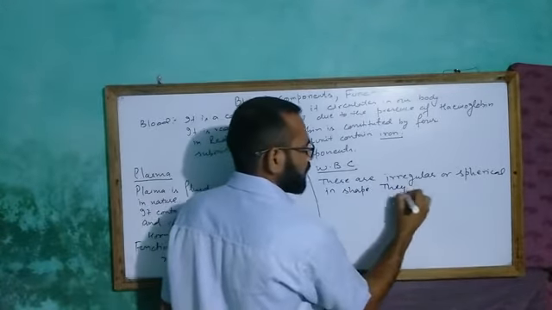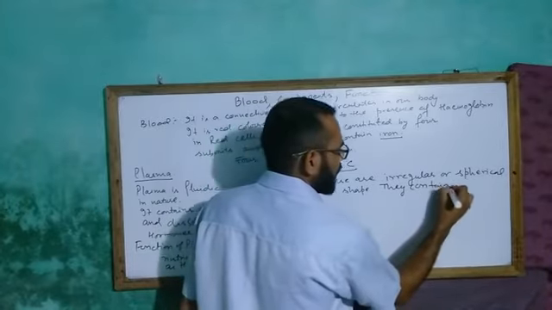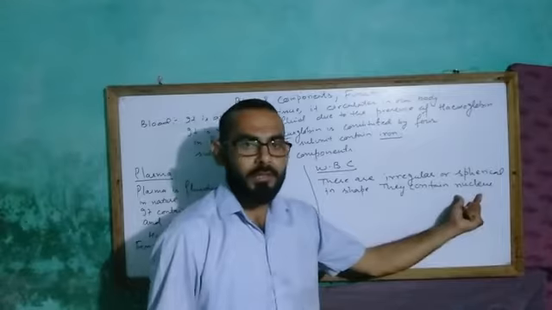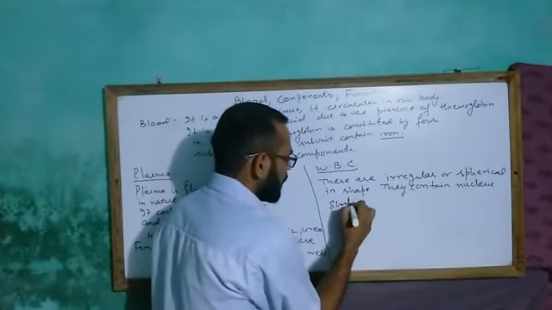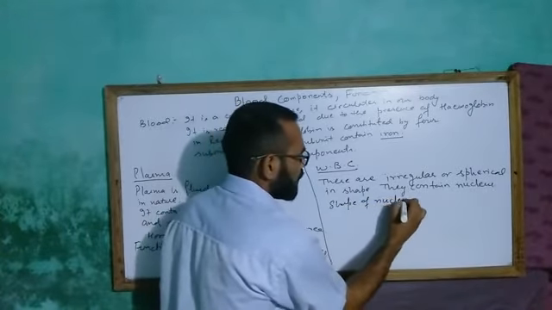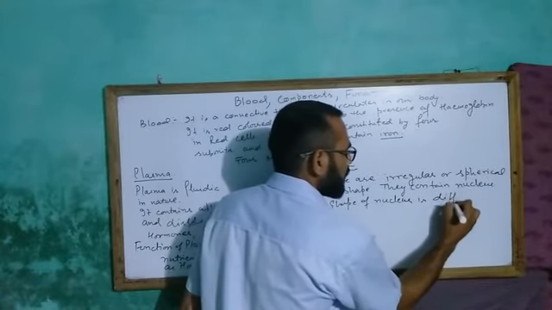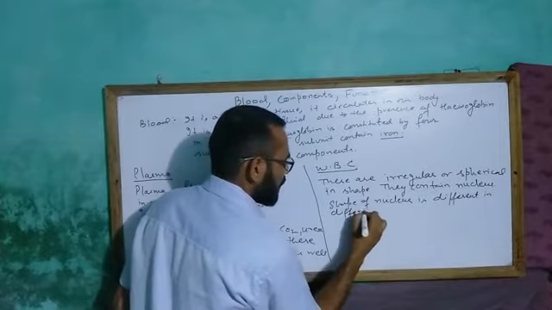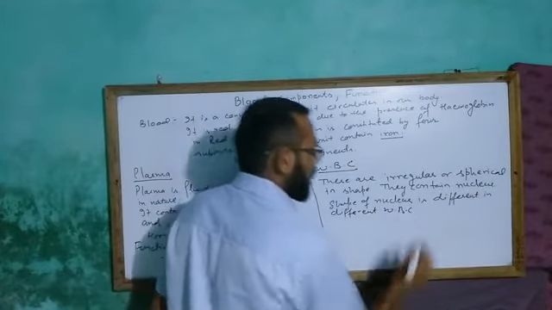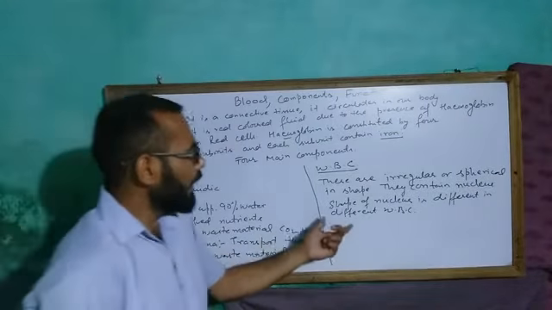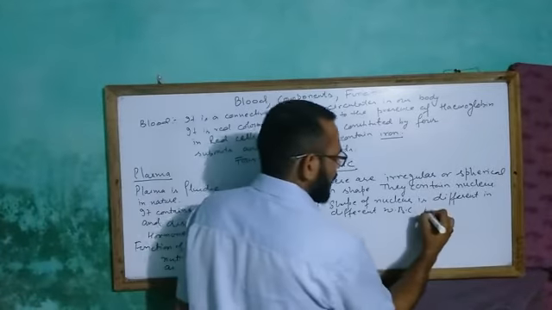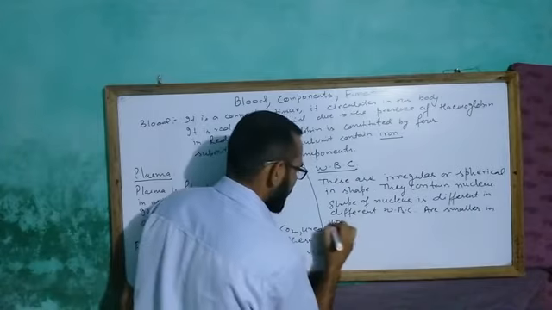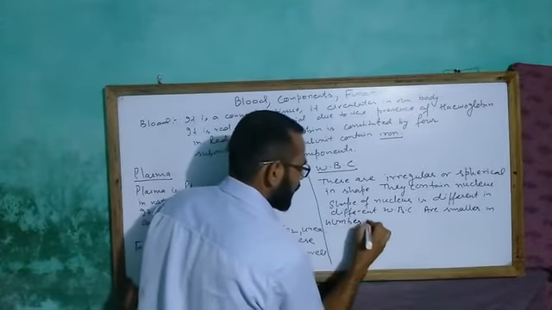They contain nucleus, although the shape of nucleus is different in different WBCs. Okay, and WBCs are smaller in number in blood.